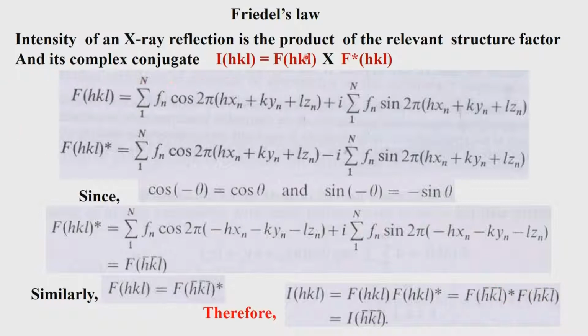This should represent I(h bar k bar l bar). That means I(HKL) is equal to I(h bar k bar l bar). So, what we see is that the intensity that you measure always has a centrosymmetric component.